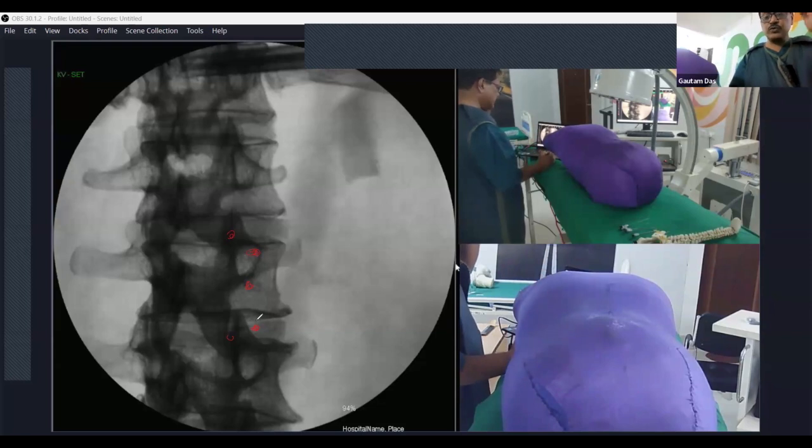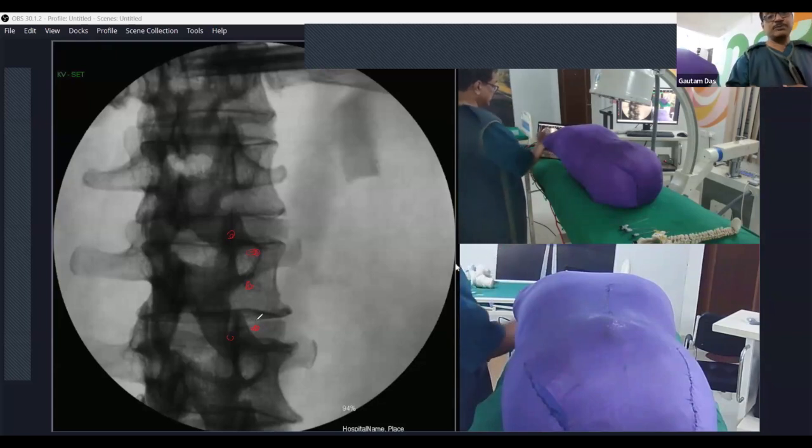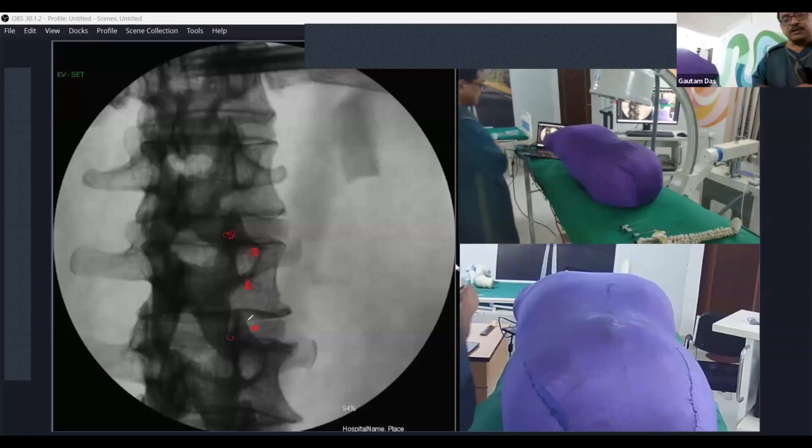So the Kambin's triangle approach is for the discography procedure as well. So first, I'll be putting these 5 needles, and then I'll go with the other procedures. One is intra-articular, one is medial branch, one is transforaminal here and here.